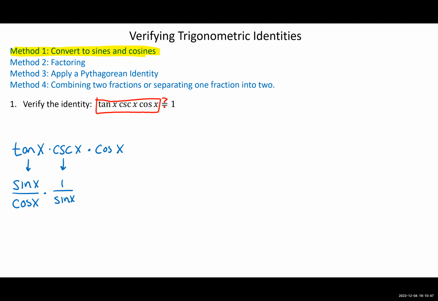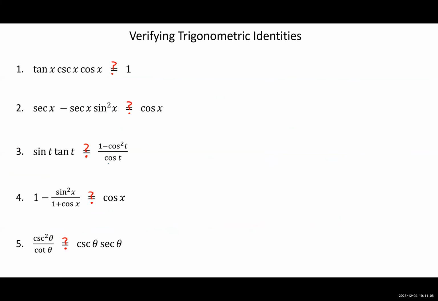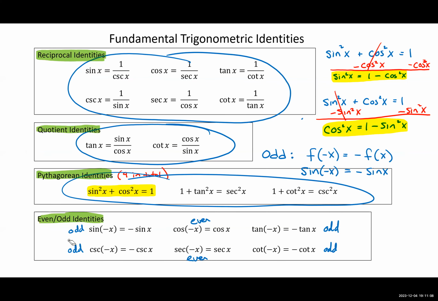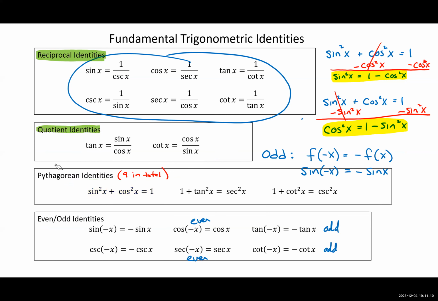And cosine, well, if the first two we're treating like fractions, let's treat this like a fraction as well. Cosine is cosine over 1. That's not an identity, that's just a fundamental property of the real numbers. Any number divided by itself is equal to 1. Right? So I'm going back to this slide. Let me erase all this nonsense that's on here.